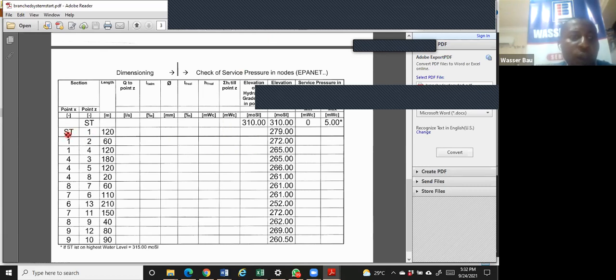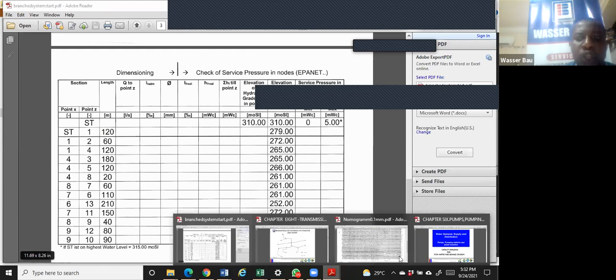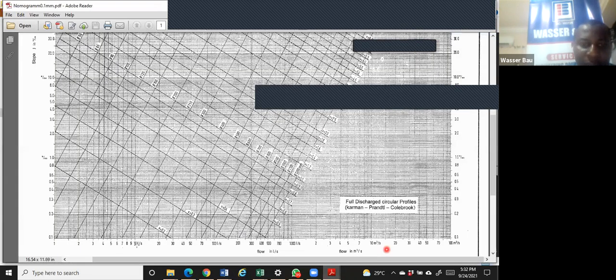The slope from the storage tank to point 1 is this minus this divided by this, and it gives me 0.25. In our charts, that translates to 2.5%. So for the last one, which is 2.8, I'm supposed to stop at 2.5, which is somewhere here, and it's still giving me 100 mm.